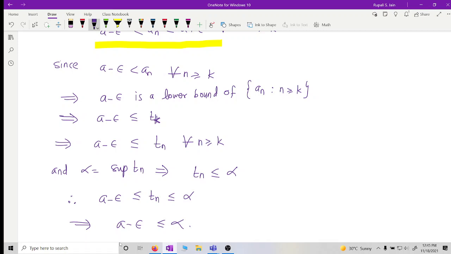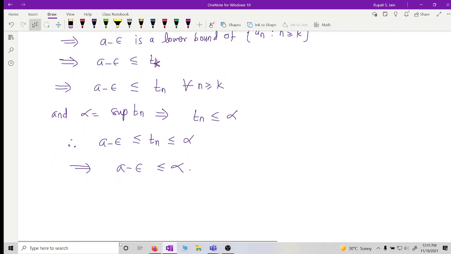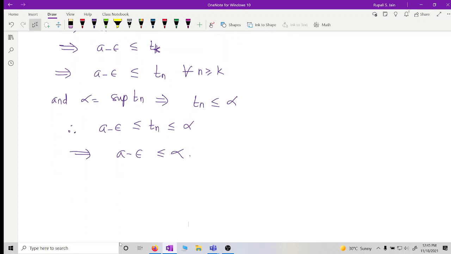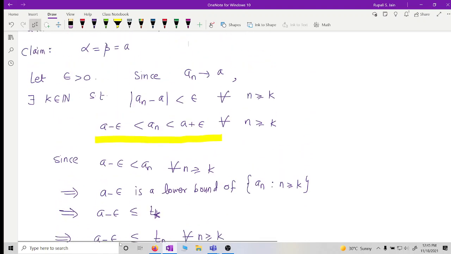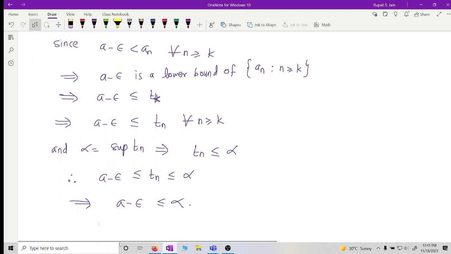Similarly, for A plus epsilon, we can do the same things. So from this part, we have got A minus epsilon is less than or equal to alpha.